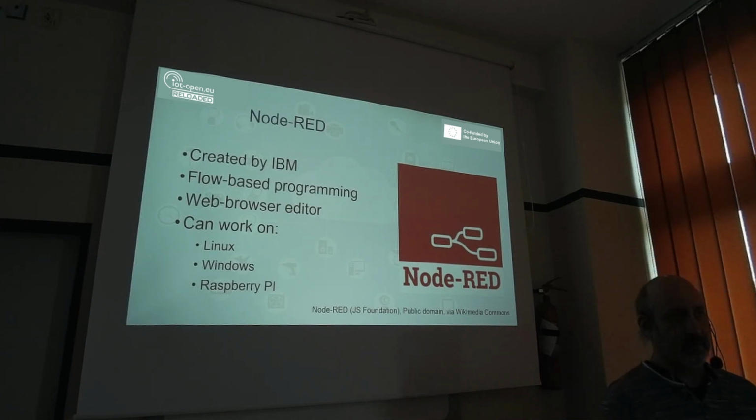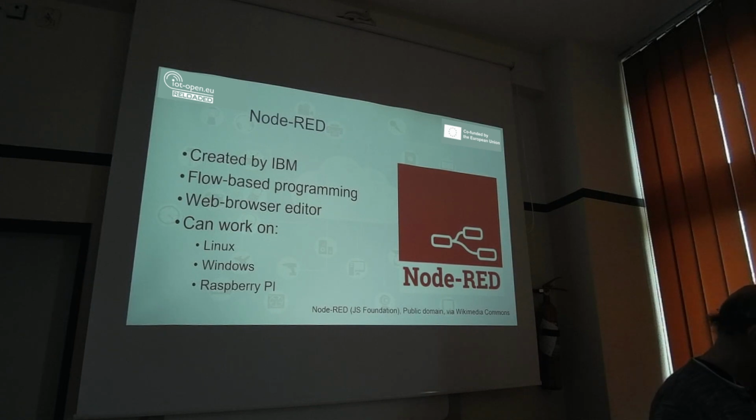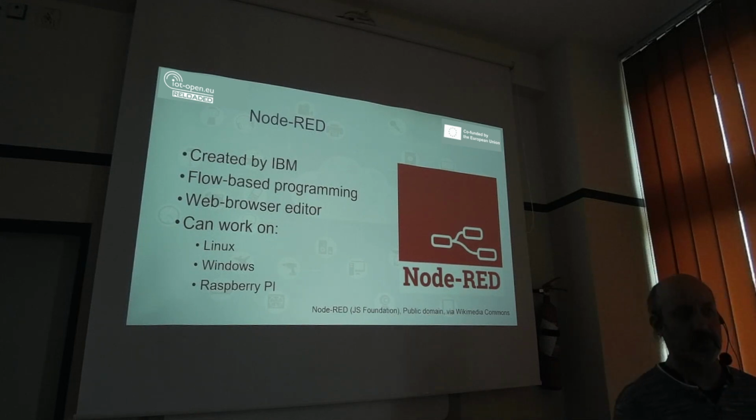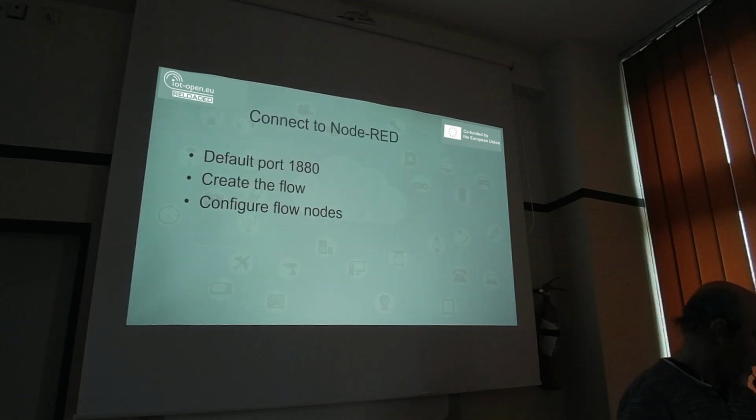It is available through a web browser, so we edit these flows from the web browser, and after this it works under the hood. It can work on Linux, it can work on Windows, it can work on Raspberry Pi. It can cooperate closely with your MQTT broker, so this is a very nice tool for making rules for your automation.